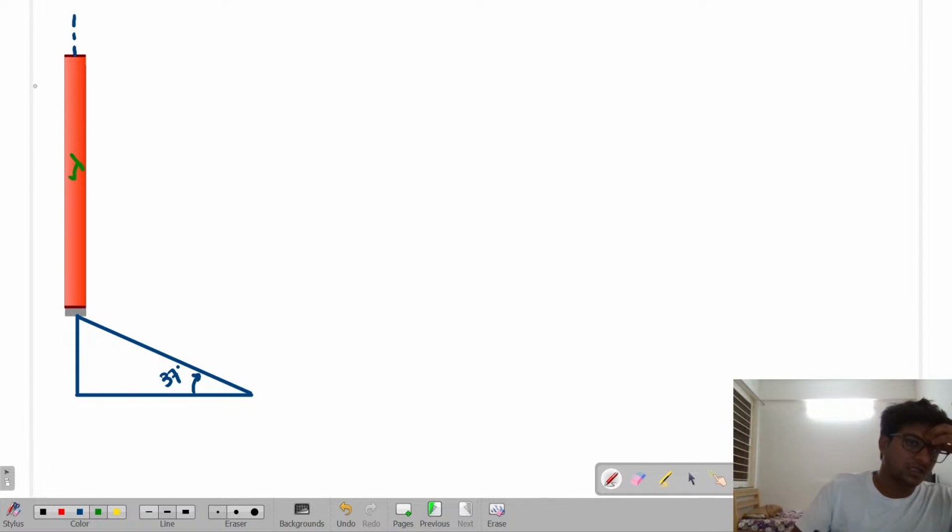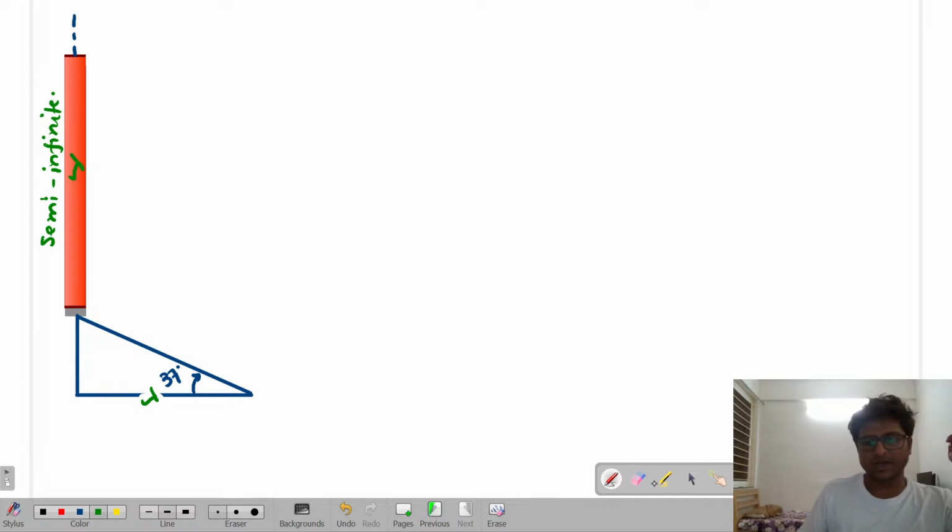Right or not? This wire is semi-infinite. One end is making 37 degrees, and if this distance is R, then find the electric field at point P.